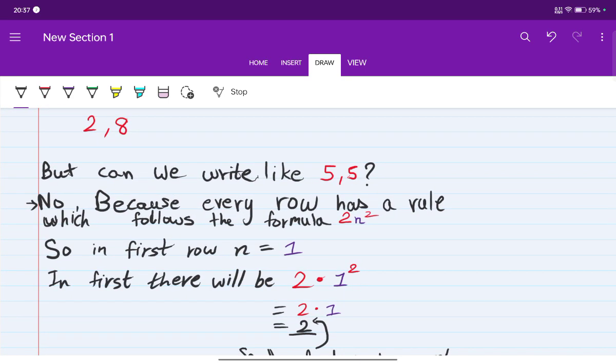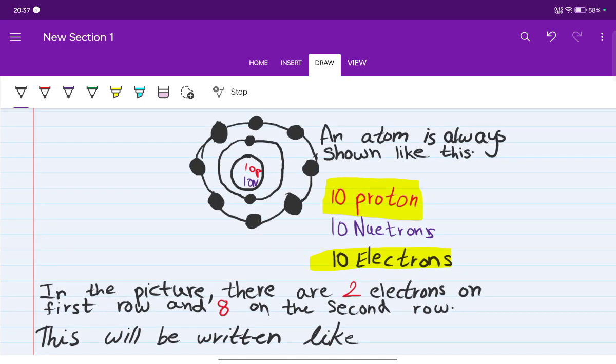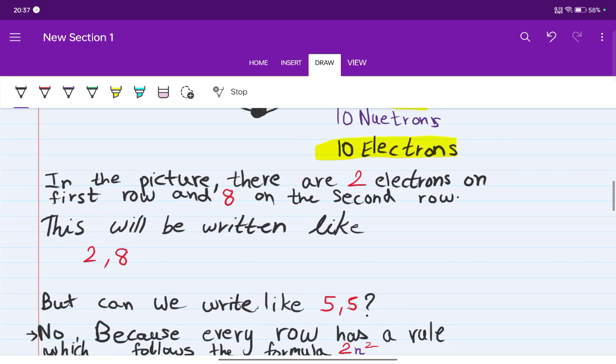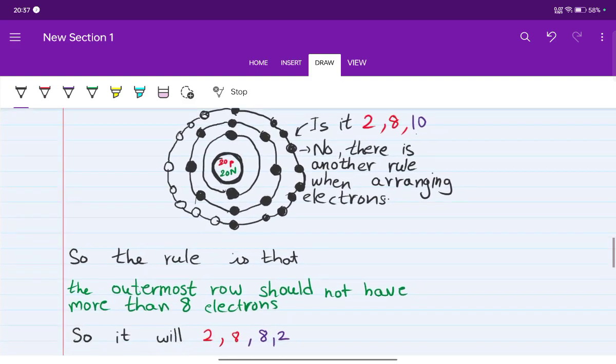But can we write 5, 5? No, because every row follows the formula 2n squared. In the first row n is equal to 1, in the second row n is equal to 2, in the third row n is equal to 3, and this goes on.